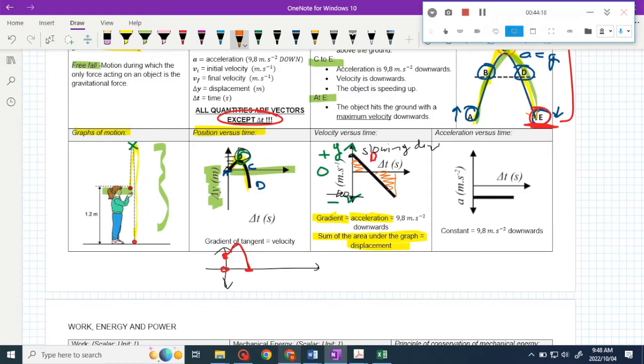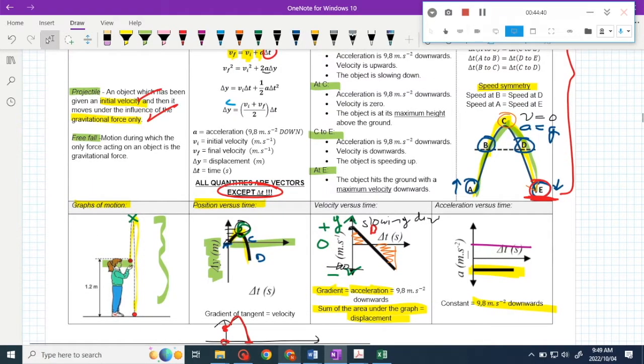It's between the actual curve and the x-axis. And lastly, in your section, acceleration is always 9,8. If you chose down to be negative, be consistent, it's going to be at the bottom. If you chose down to be positive, it's going to be at the top, right? But it's just 9,8. That is vertical projectile motion. The biggest mistake that I've seen you guys make is this part.